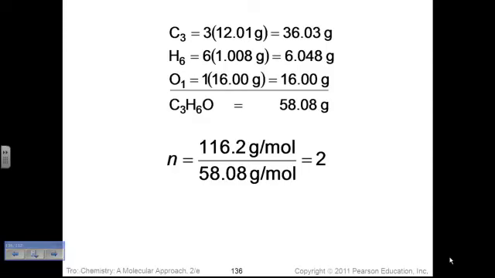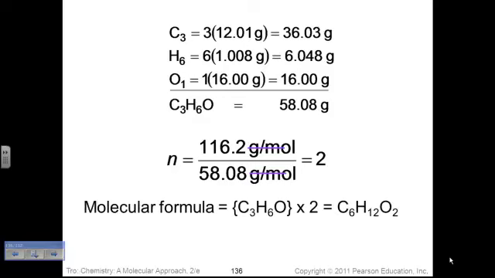If the target weight was 116 and the empirical weight was 58, we need to double our subscripts. By doubling our subscripts, we make the molecule twice as heavy, giving us that target. C6H12O2, our molecular formula. C6H12O2 adds to the target weight of 116 and yet reduces down to the subscript ratio 3 to 6 to 1. Good work! I hope you worked through that and found success.